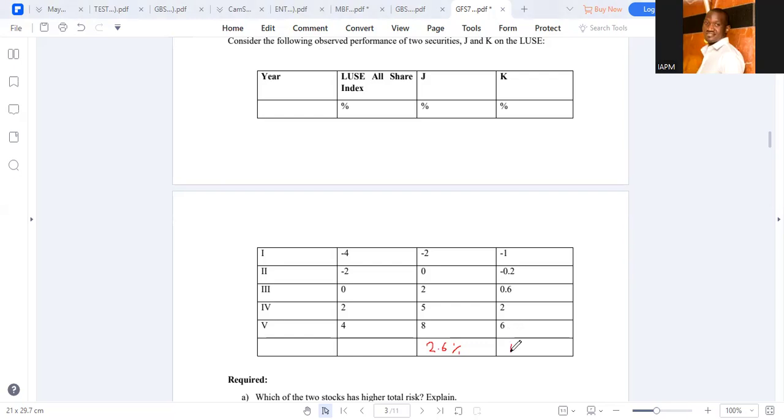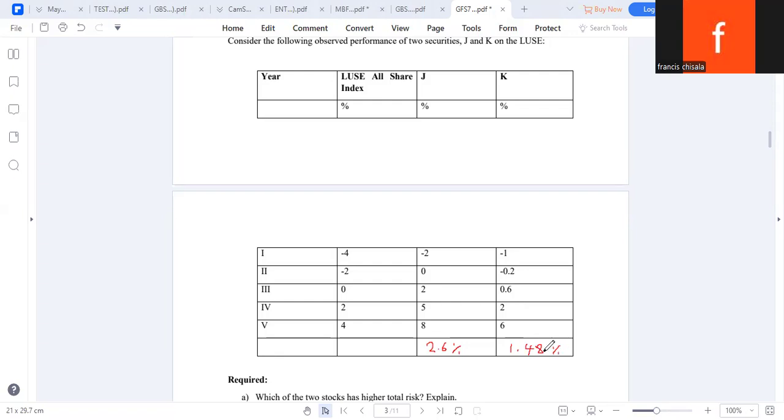Is that correct? I hope you have a calculator. So when you add all these, divide by 5, we get 1.48. Confirm? I think I was getting 1.76. Maybe I was going too fast.